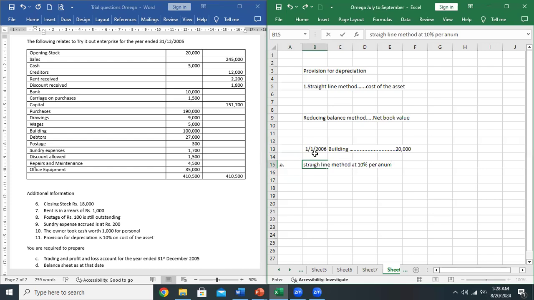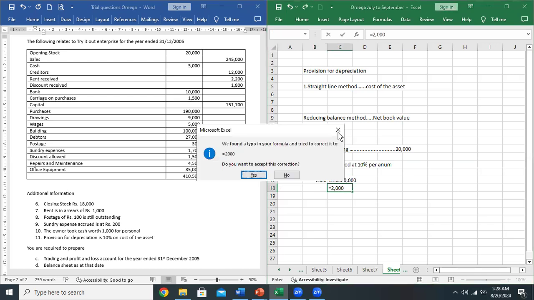Now depreciation is charged for 12 months, or 1 year. So in 2006 we have to calculate the depreciation for this asset. Look at how we are going to do it under the straight line method. We multiply the 10%, which is given as the rate, by the cost of the asset, 20,000, and that will give us 2,000.